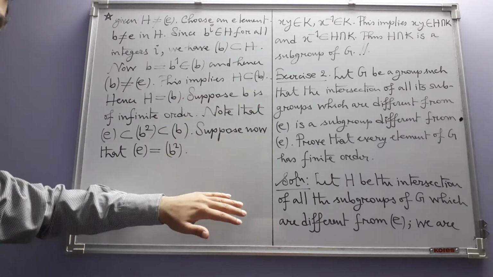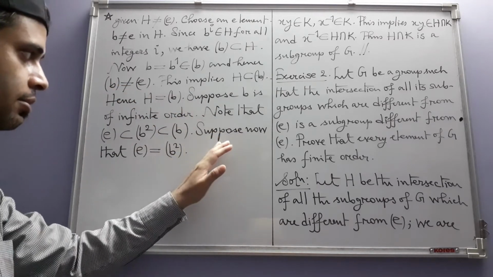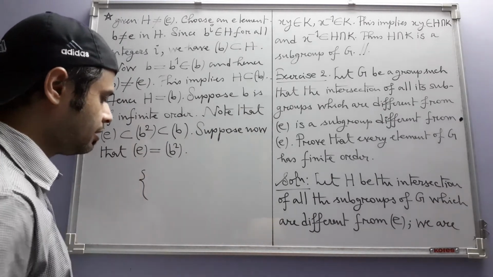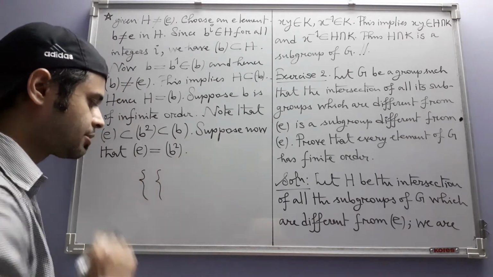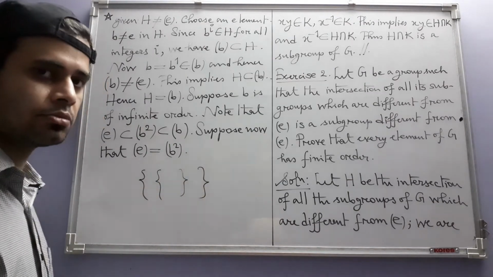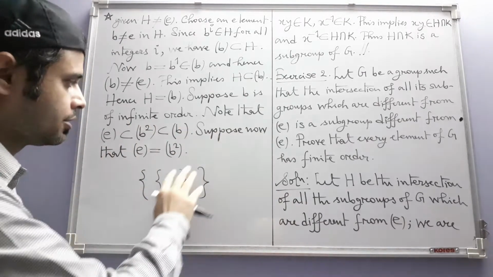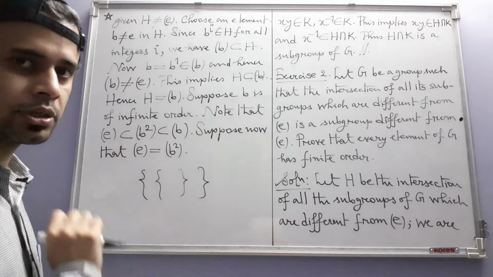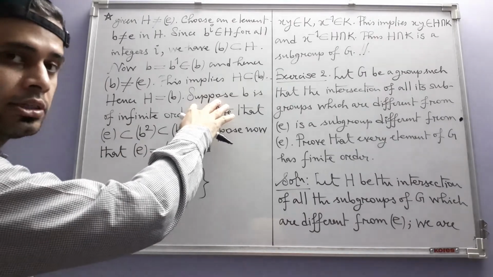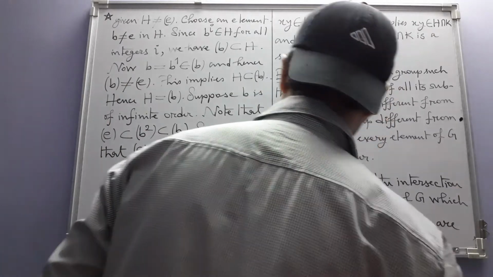But before finishing that, under that supposition, we are again proving something else by contradiction. It's like starting a bracket, and then inside that you are starting another bracket. Unless you close the inner one, you cannot close the outer one. So you have to first deal with this one, get the contradiction, get whatever conclusion you want, and then you have to somehow arrange for contradicting the original supposition.